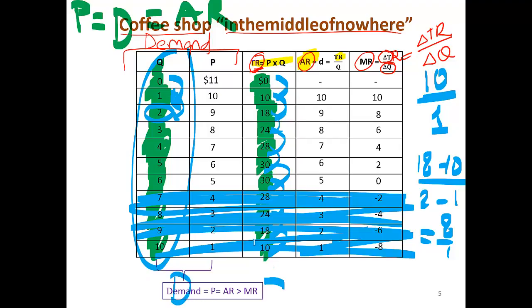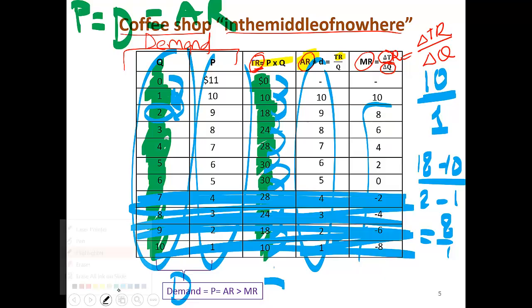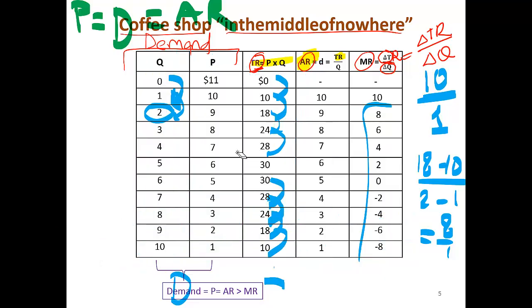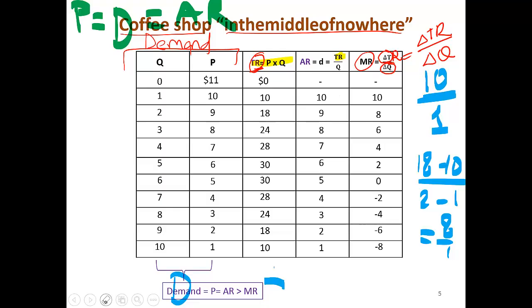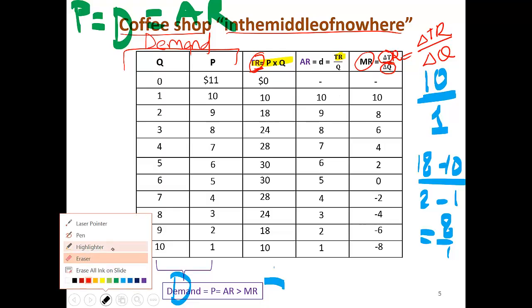Okay, so this is the demand. We established that price equals average revenue, right? Look at marginal revenue. After the first unit, look at that. I'm just going to mark the columns that are equal to each other.